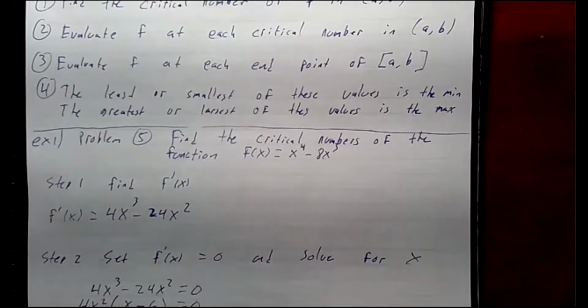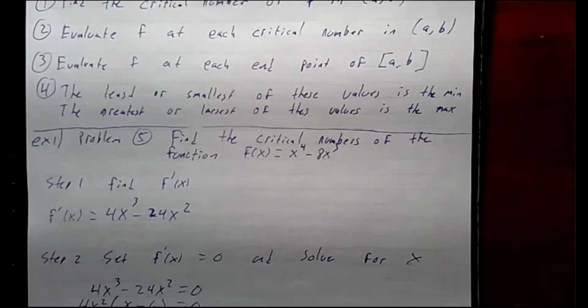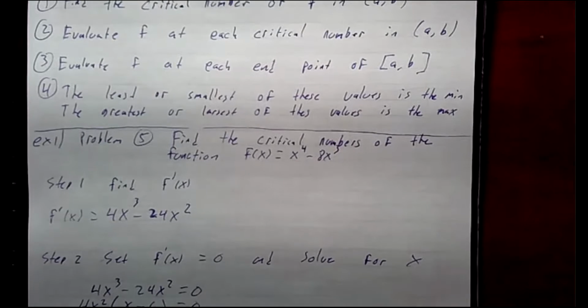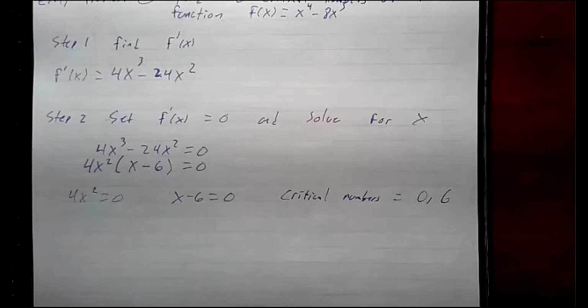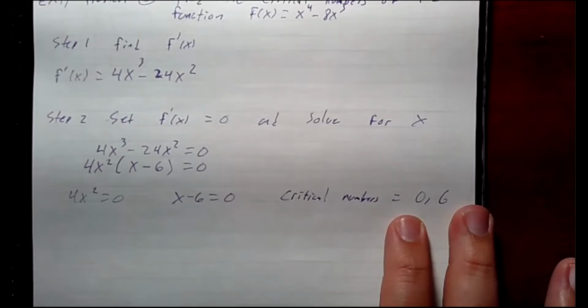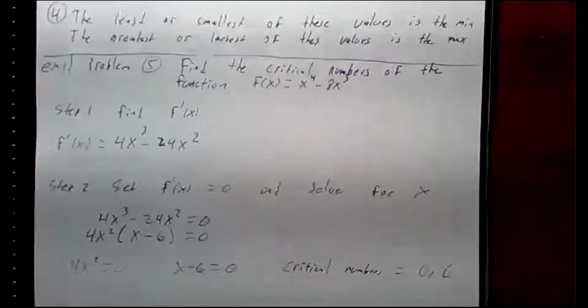So the critical numbers are 0 and 6. And that's it. That's how you find critical numbers. You take a derivative, set it to 0, solve for x. Any questions on these steps here?